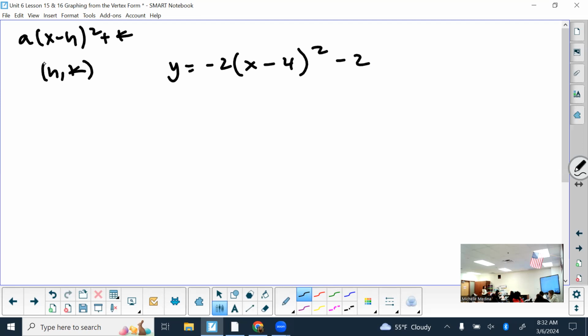Think about it, don't say it yet. Okay, table 7, what was the vertex for this? If this is my equation and we know HK is the vertex, what's my vertex?